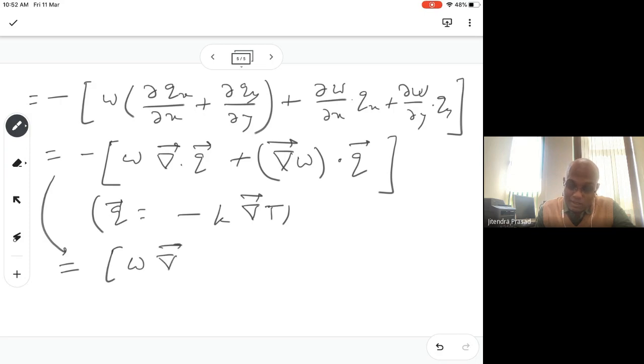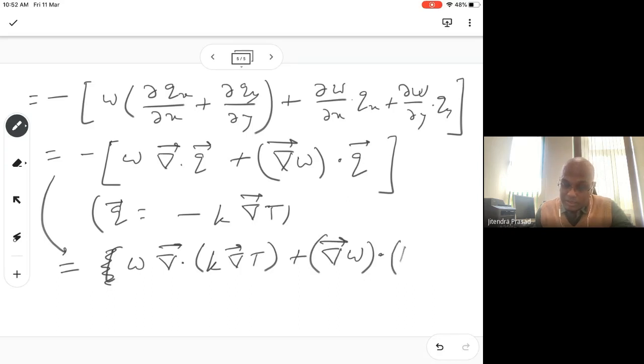This dot becomes K. Again, you put the minus here, and then it becomes plus, dot, and you have K gradient of T. So you get gradient of w dot gradient of T term.